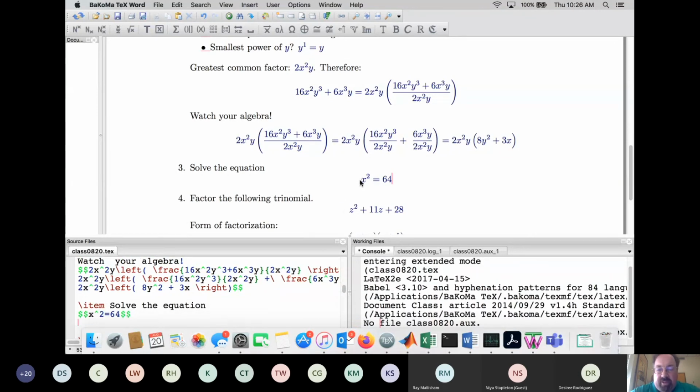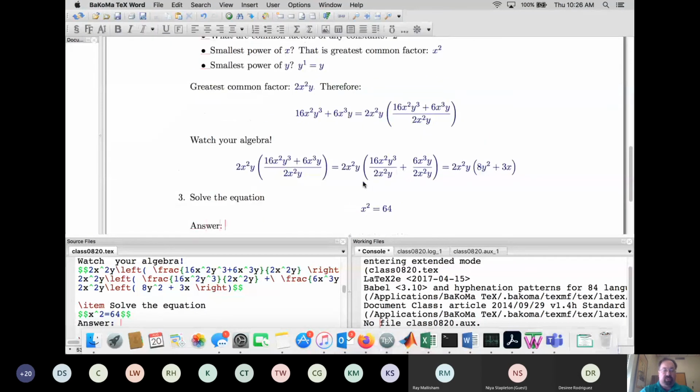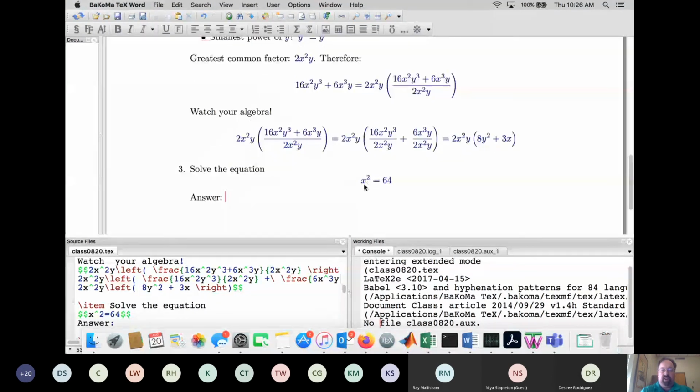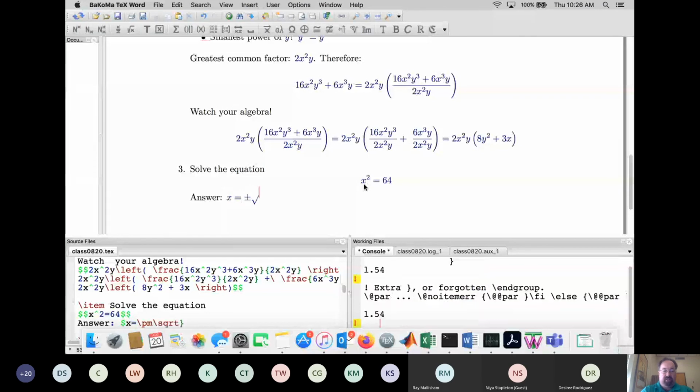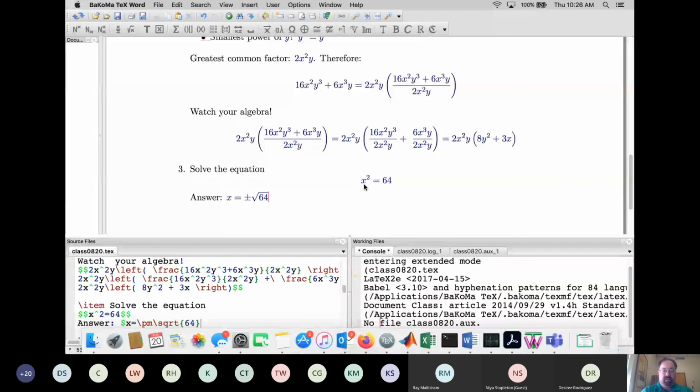Here we have a relatively simple quadratic equation, and we see that in order to get the value of x, we need to take the square root. This is one of those situations where you need to remember to take the positive and negative square roots.